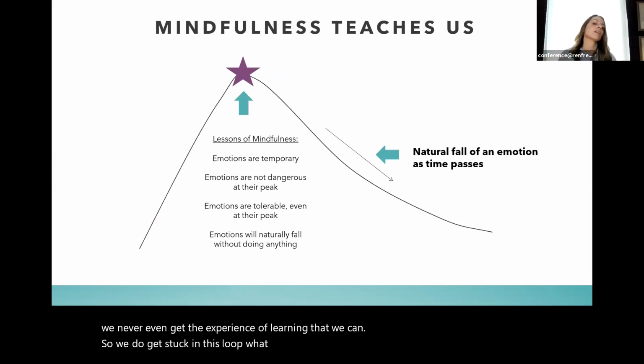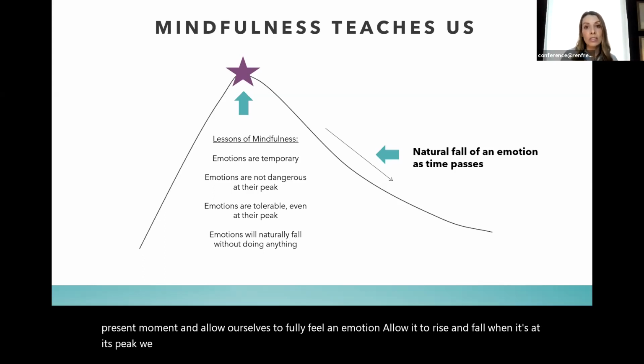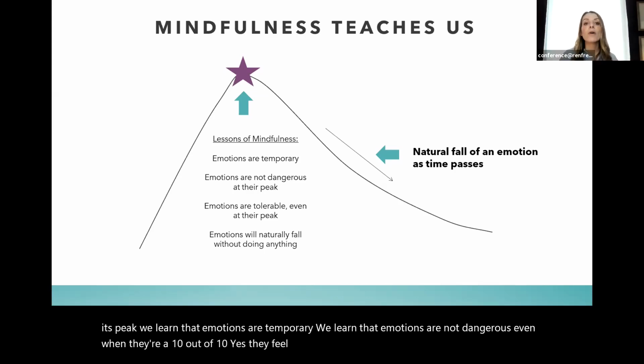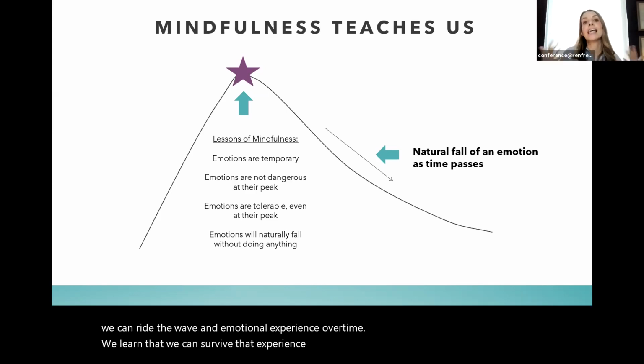What mindfulness teaches us, when we're able to anchor into the present moment and allow ourselves to fully feel an emotion, allow it to rise and fall, is that when it's at its peak, we learn that emotions are temporary. We learn that emotions are not dangerous, even when they're a 10 out of 10. Yes, they feel very uncomfortable. However, when we can ride the wave of emotional experience, over time we learn that we can survive that experience without turning to any kind of avoidance strategy.